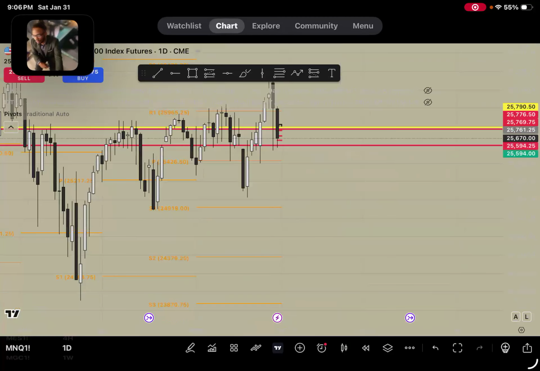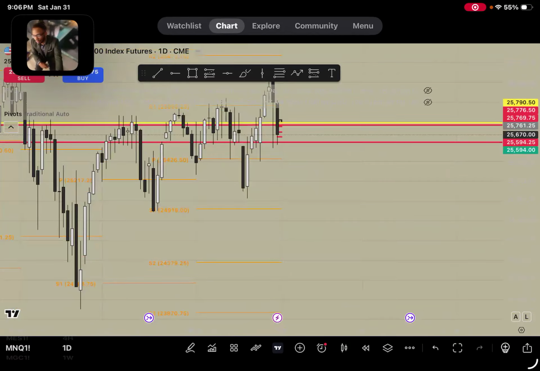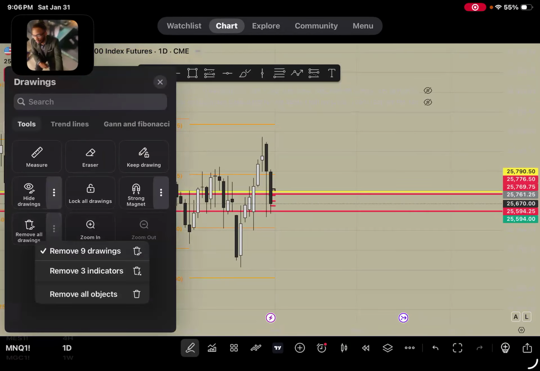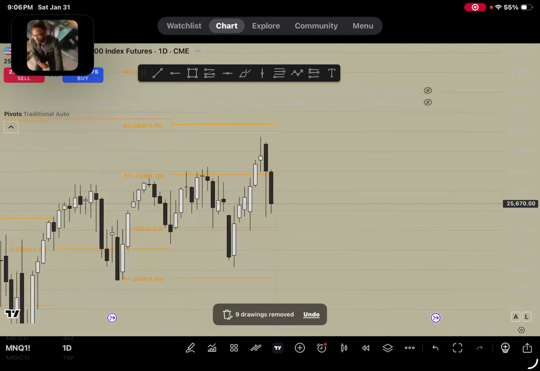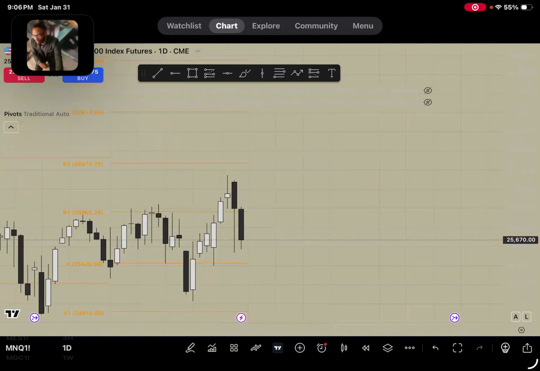So let's say we go to NQ. I go to my daily. I instantly can mark this bullish gap.